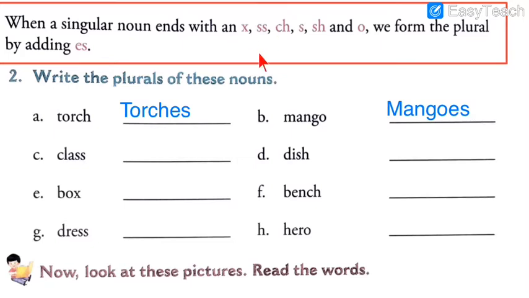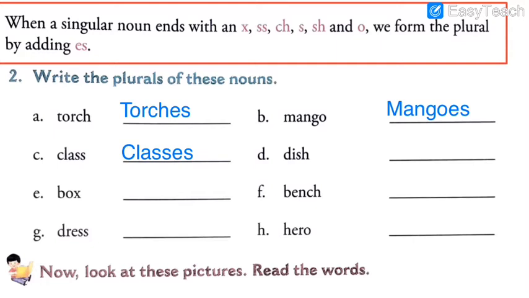Yes, if it is ending with double S, again you have to add ES. So class, by adding ES, will become classes. Clear enough? There are many classes in my school.